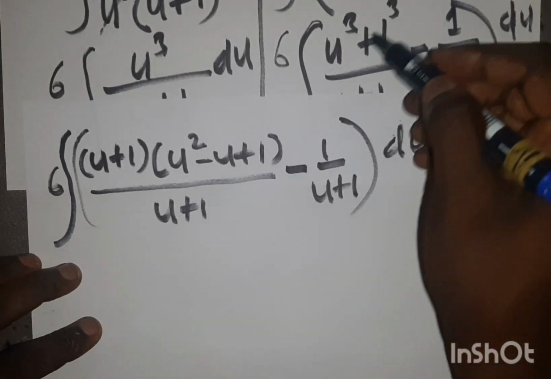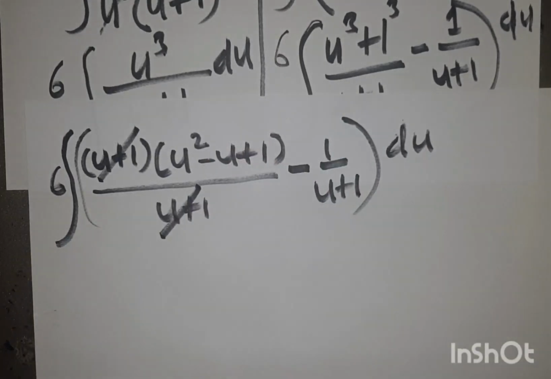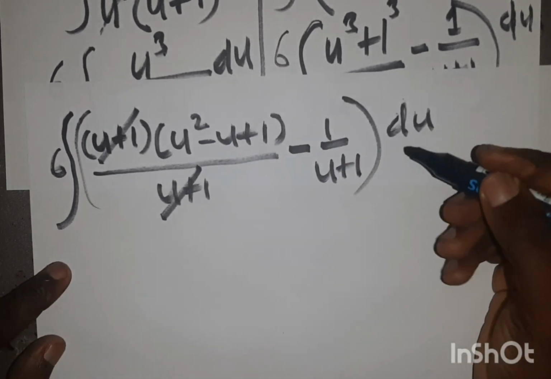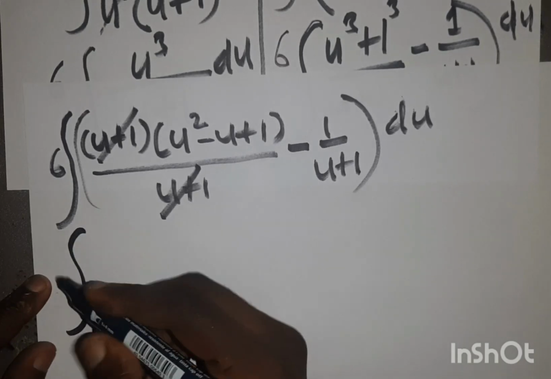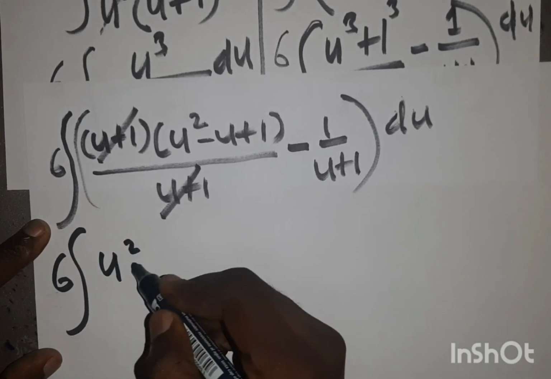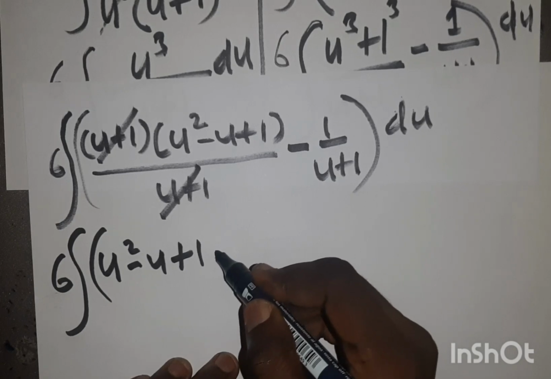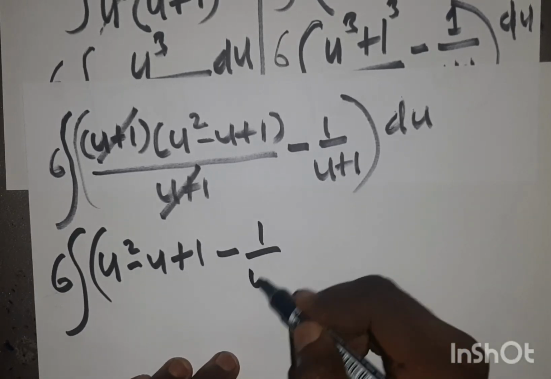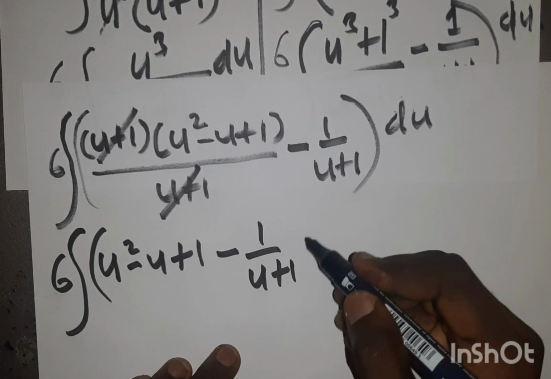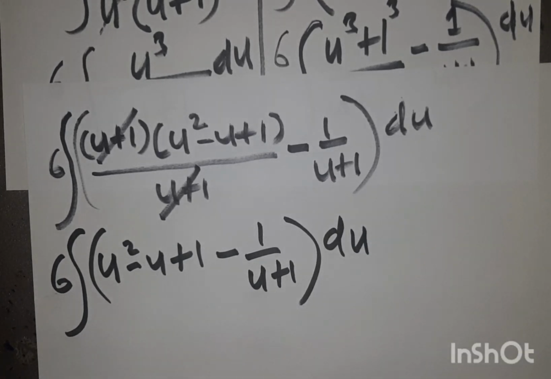That's the essence of rearranging this into a sum of two cubes. This cancels out this one, so we're left with just this. So we now have the integral, we have 6, u squared minus u plus 1, then minus 1 over u plus 1, and then of course with respect to u.